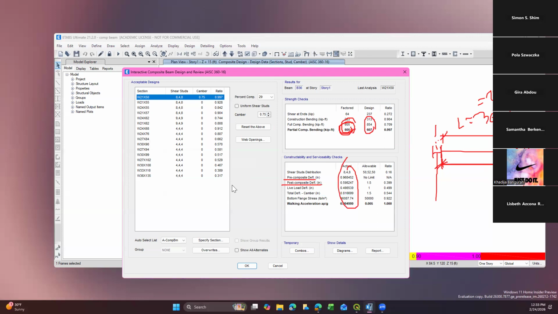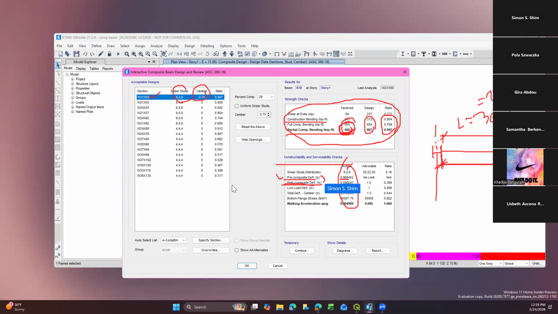Typical girder on 30 by 40: your girder is 21 by 50. Number of studs, camber required is 3/4 inch. The strength check, phase one and phase two, all stress ratios are less than one. For the deflection check, pre-composite is 0.96 and post-composite is 0.5.